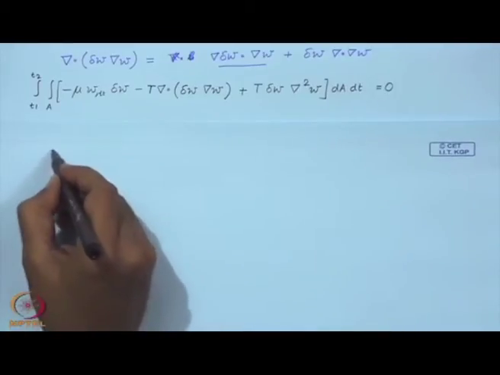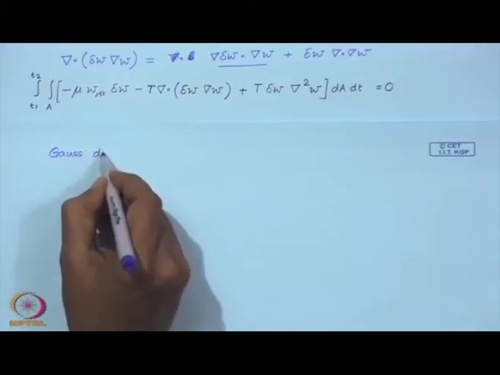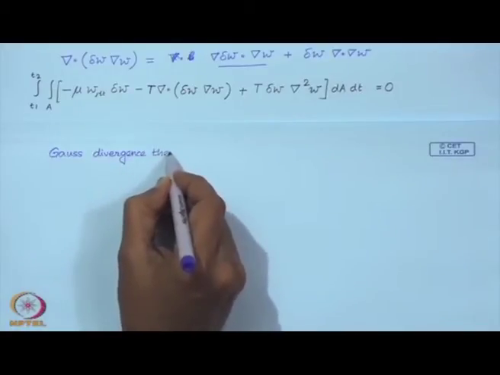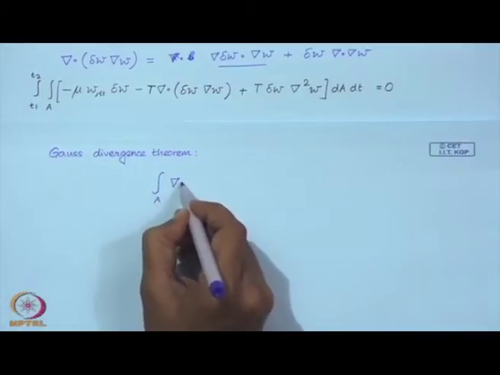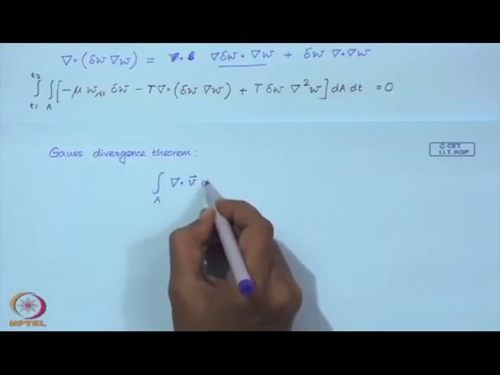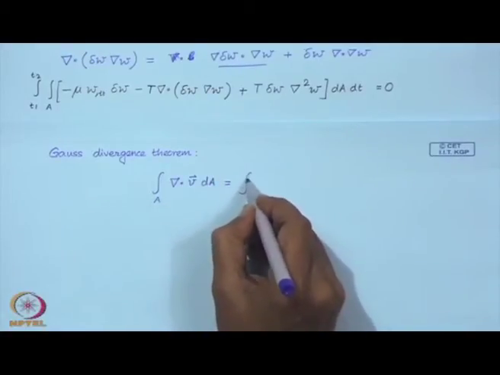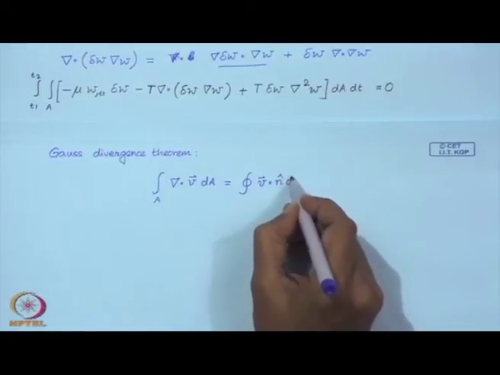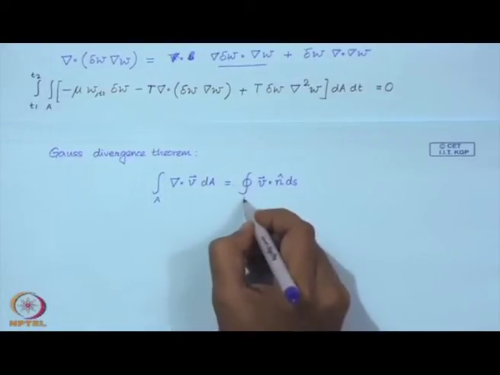Which says that the divergence of any vector over this area integrated must be equal to the vector dot the normal to the boundary, integrated over the boundary.